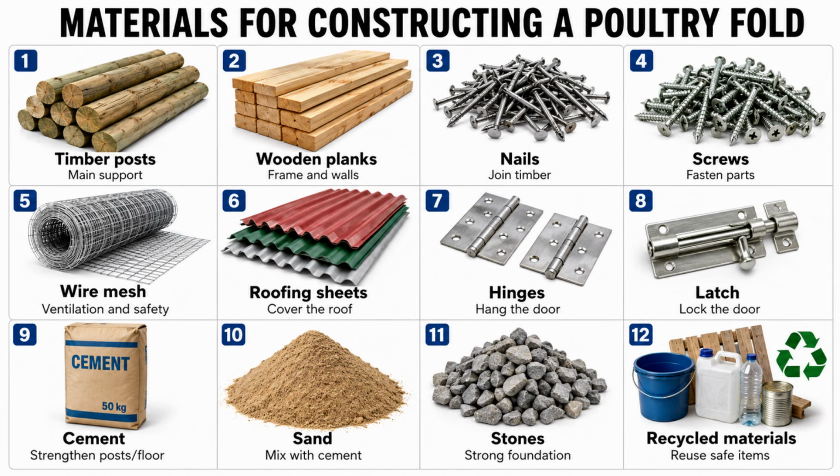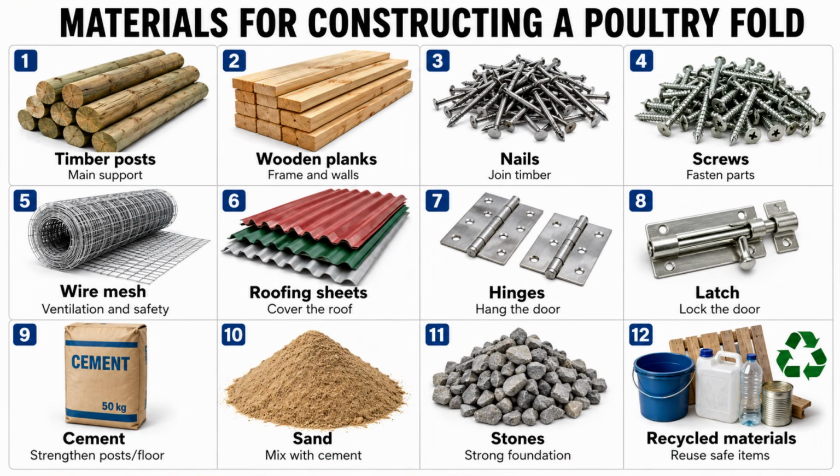You may also need cement, sand, stones if you are going to use some stones in the foundation. You may need water, wood cuts, strong poles for the corners, and maybe some recycled materials that are safe to use for your projects.